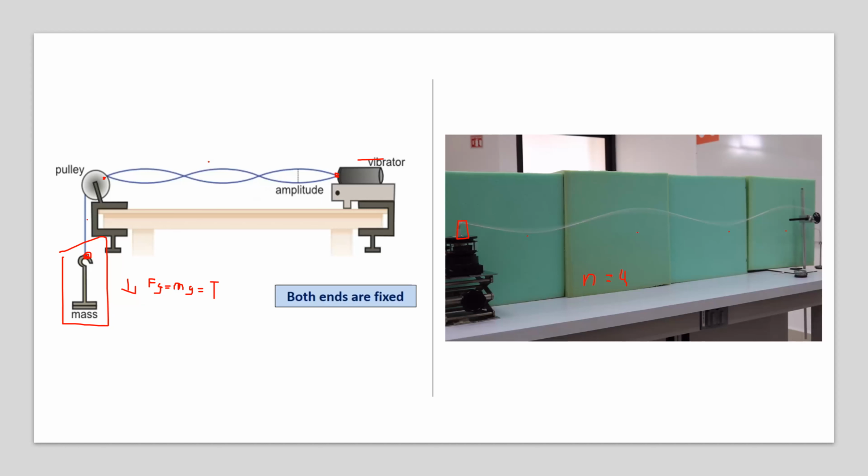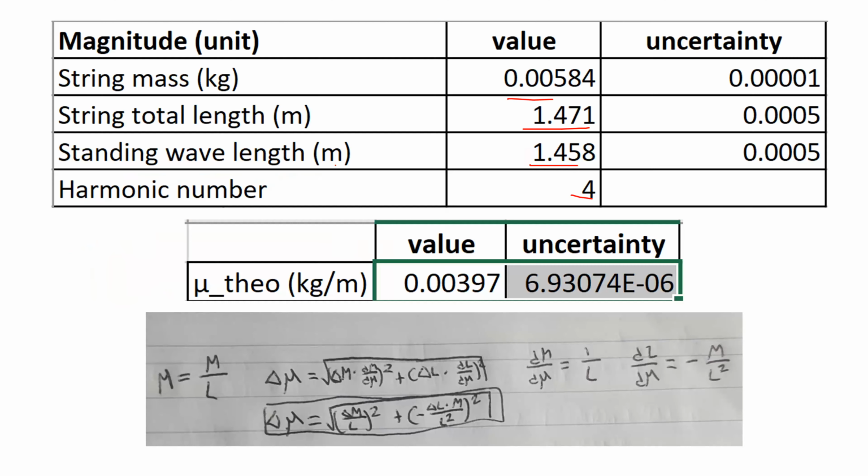But the part of the string actually making the wave is not the whole string, it's just this part right here. We need to take that into consideration for our experiments. Theoretically, the linear density will be the same no matter how much string there is, so for the theoretical value, we're going to use the total length.